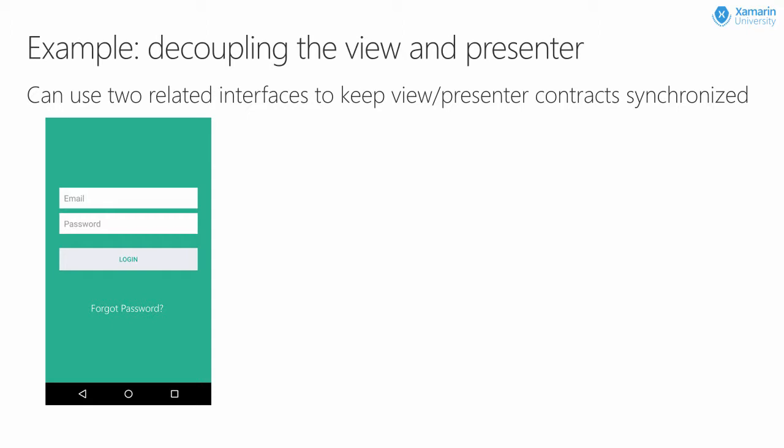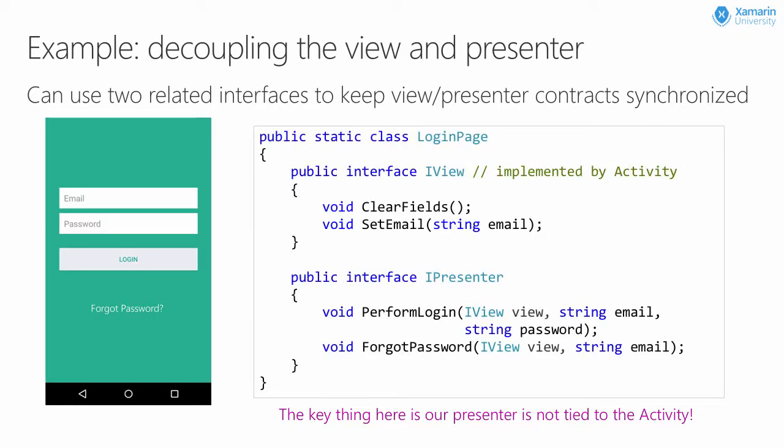Here's one way to approach this. We can define a static class that contains two interfaces that will define the contract for our login page. The first interface, IView, is implemented by our activity, and it allows the presenter to set the email field or to clear the fields.